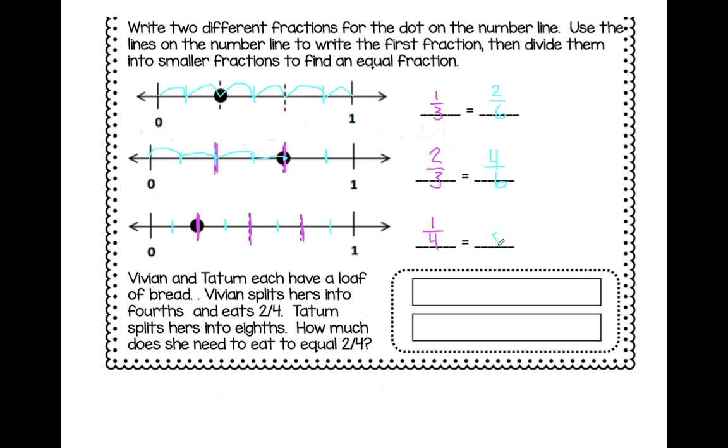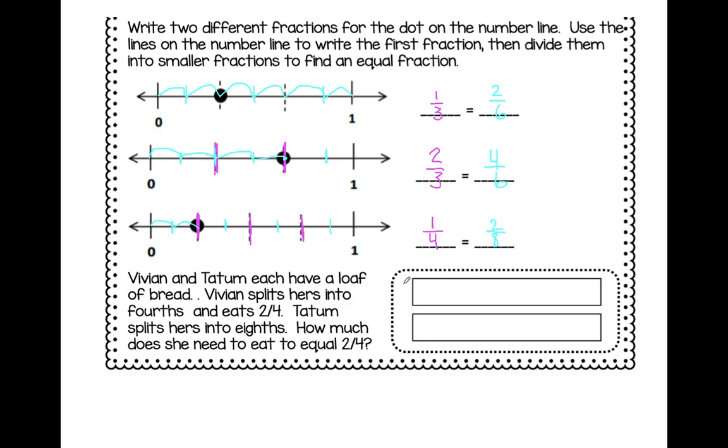I am now talking about eighths. And where is our dot? It is on 1/8, 2/8. So 1/4 is the same or equivalent to 2/8. 1/4 is equivalent to 2/8.